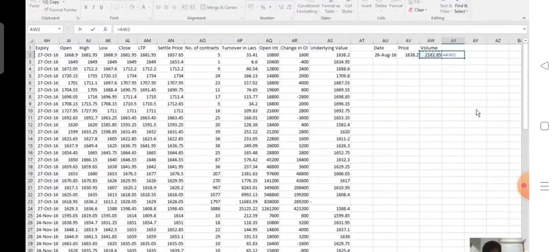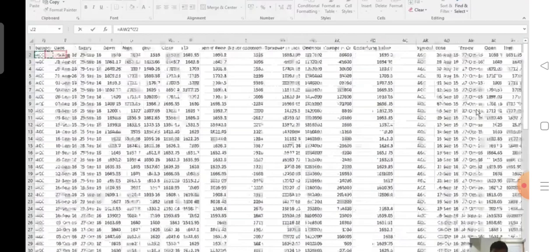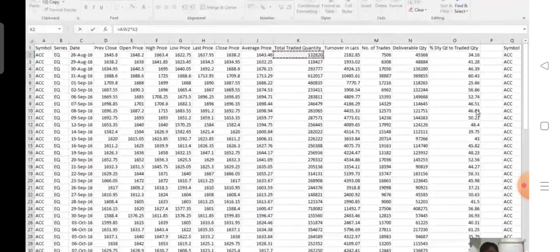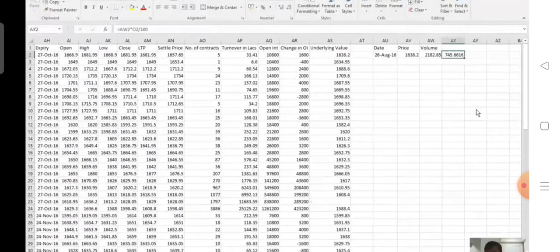We also need delivery volume of cash market. So volume multiplied by percentage delivery, right? So this is out of this volume, this is the delivery volume. Okay.